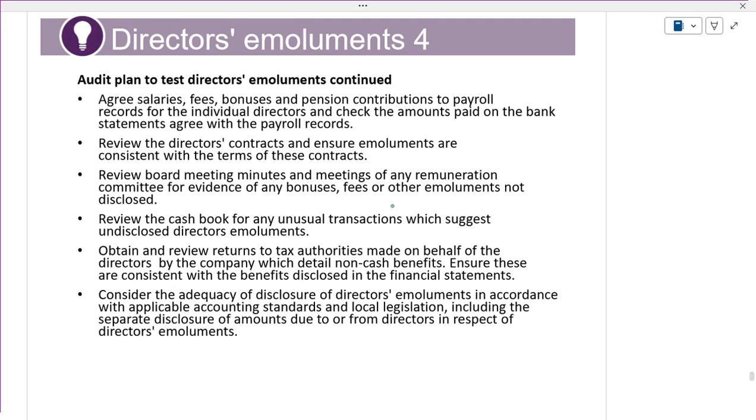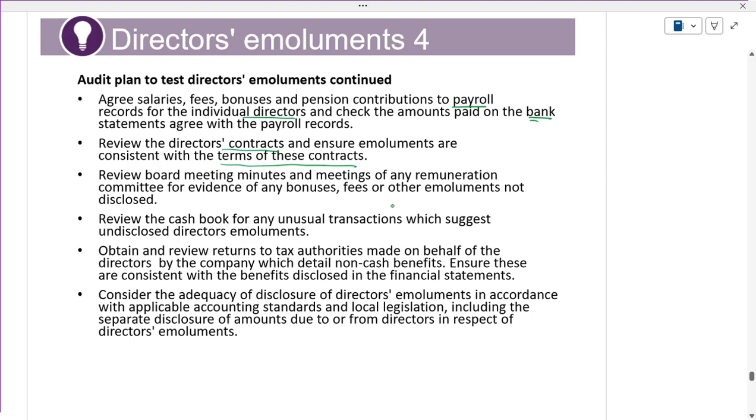Now the audit plan to test directors' emoluments. I am a little bit fast. Agree salaries, fees and pension to payroll records, and agree with the individual directors whether it has been paid into the bank, and agree with bank statements. Review the contracts of the directors to check all emoluments are consistent with the terms of the contract.